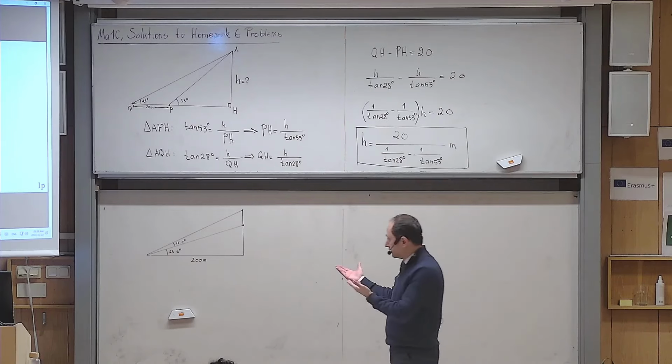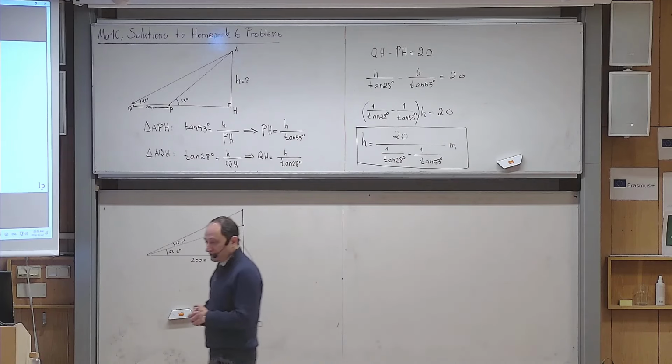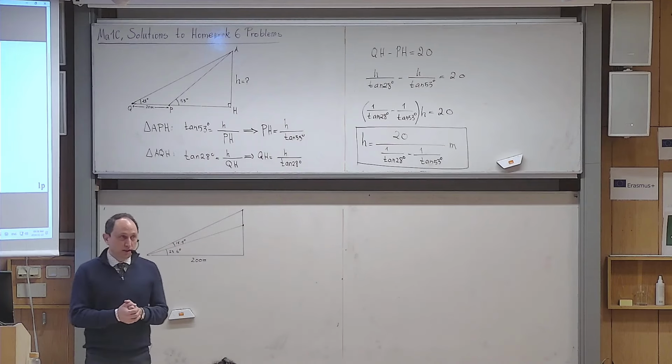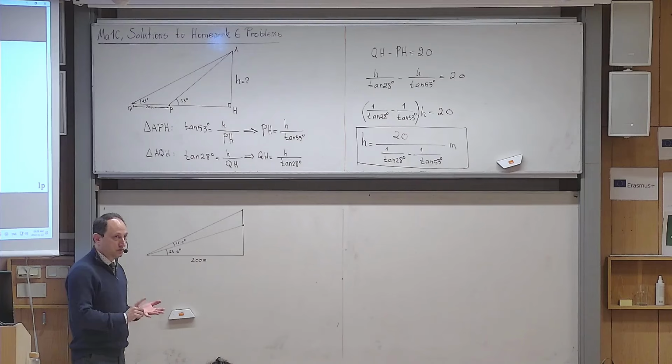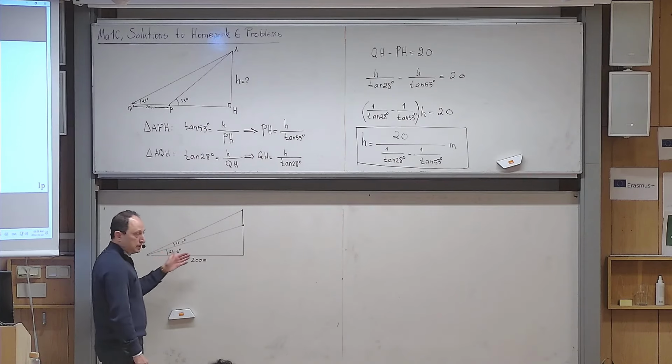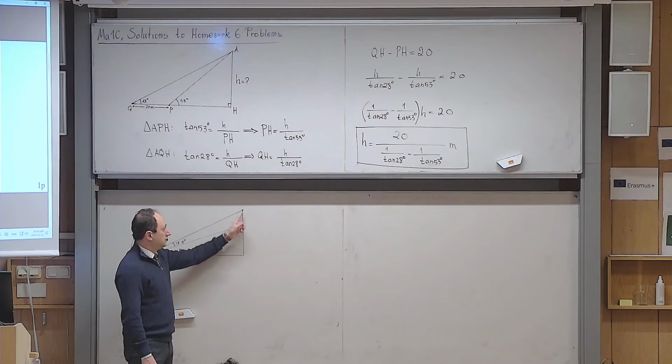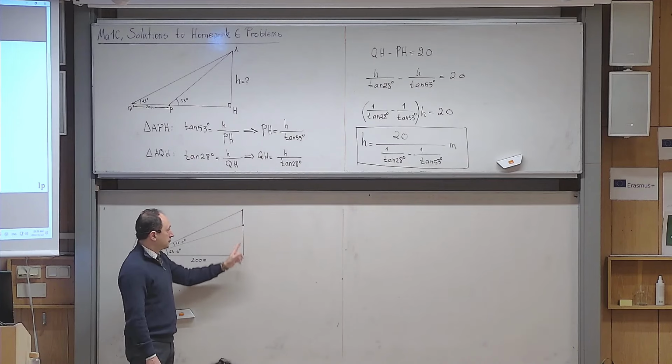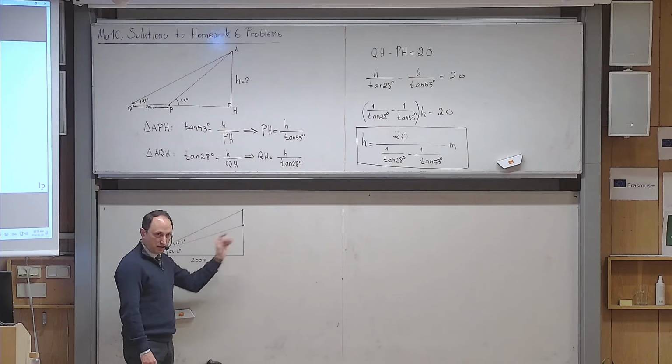So what is your feeling? Based on experience you have so far, what do you think is a suitable choice? Sine, cosine, or tangent? Well, tangent, yes, because the angles are these angles. The height of the tower and the height of the building are opposite to these angles.